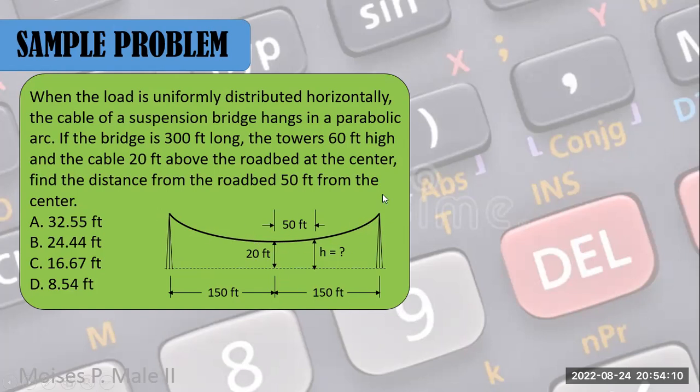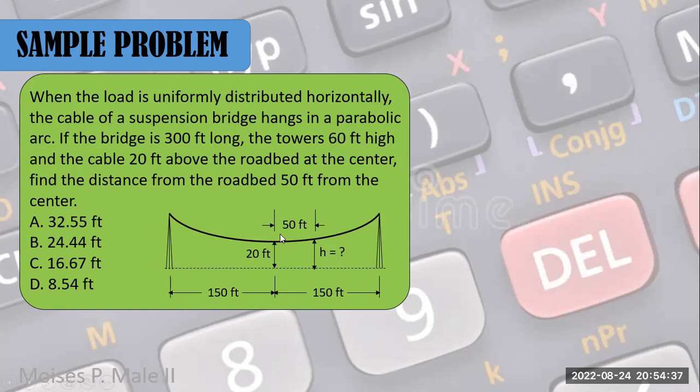So it is 20 feet above the roadbed at the center. At the ends, the support is 60 feet high. Right? And the span is 300 feet.